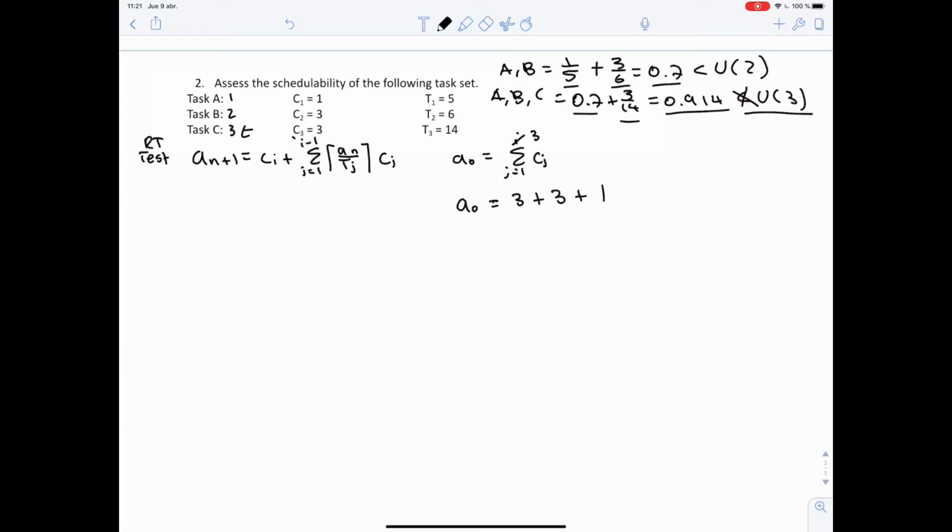Another way to put it, this will be the cost of C, the cost of B, and the cost of A. And this will give us 7. Then for a(n+1), which would be in this case a1, where n would be equal to 0, we would have a1 equals the cost of 3 plus the sum of the ceilings.